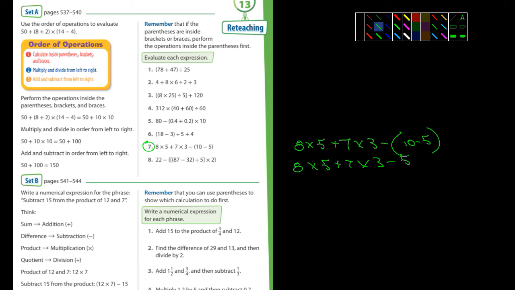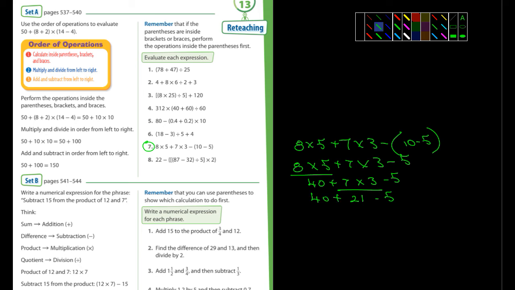What do we do first? We do multiplication and division first from left to right. So here's something to multiply, 8 times 5. So that's going to be 40. 40 plus 7 times 3, minus 5. Order of operations. 7 times 3 is 21. 40 plus 21 minus 5.